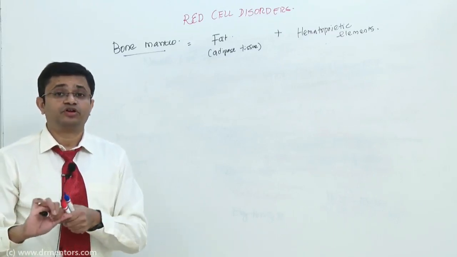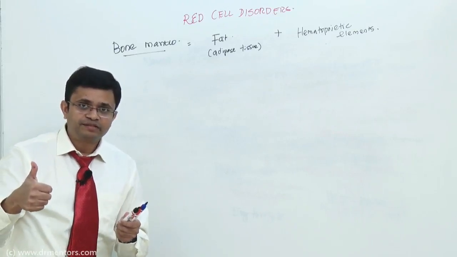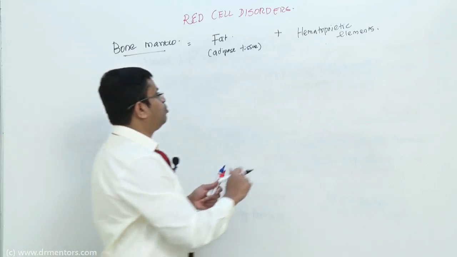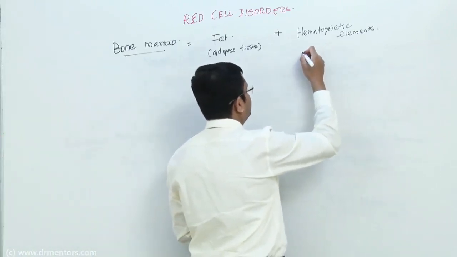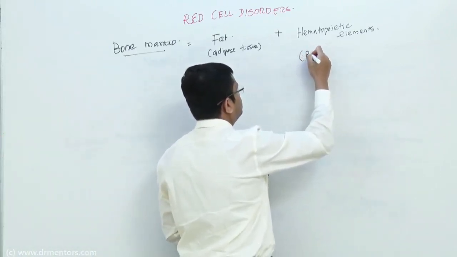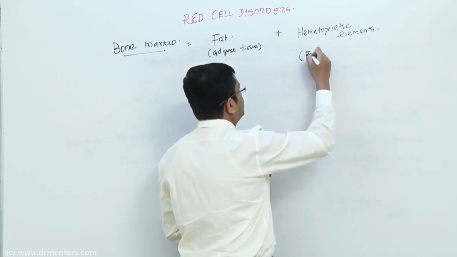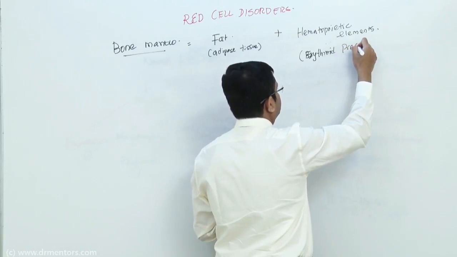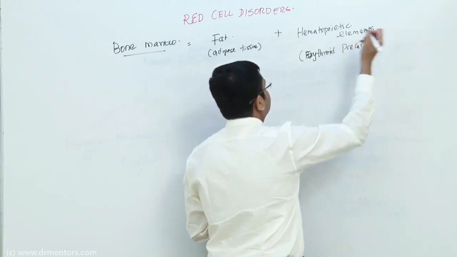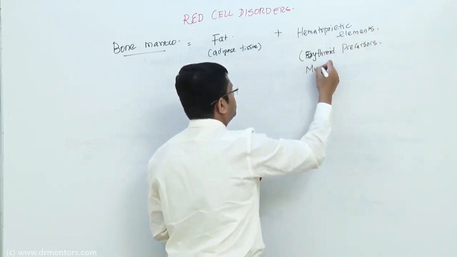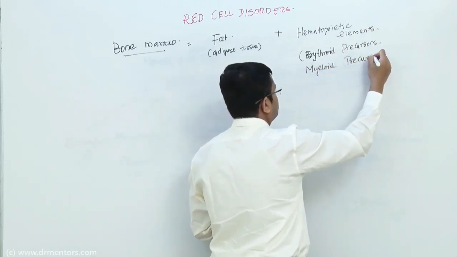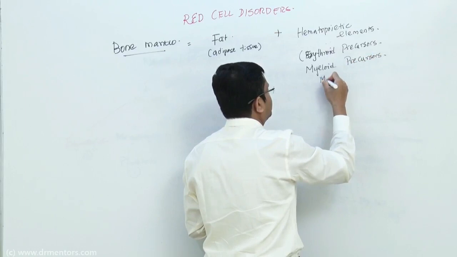The hematopoietic elements include erythroid cells, myeloid cells and megakaryocytes. So the hematopoietic elements include three cell lines: the erythroid precursors, then myeloid precursors, and then megakaryocytes.